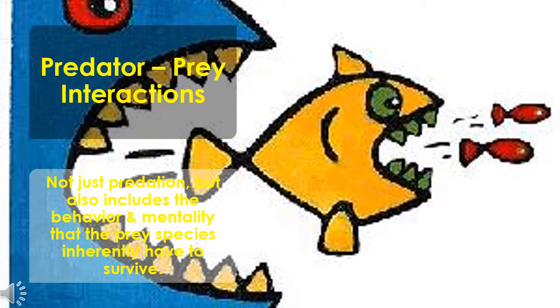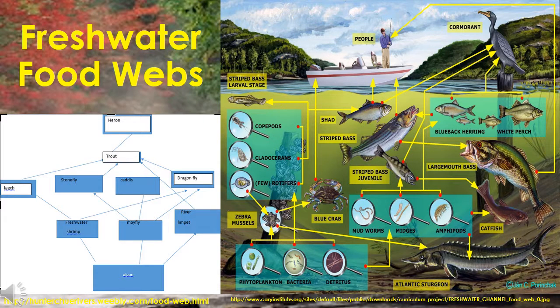Predator-prey interactions. This not only includes the obvious predation, but also the behavior and mentality that the prey species inherently have to survive. These are some examples of freshwater food webs. The one on the left is a very simple one that basically just shows the food web in a general small order stream.